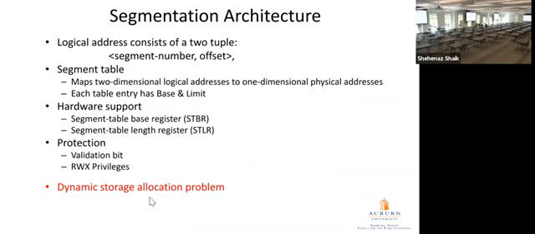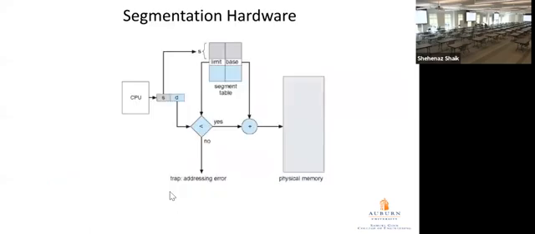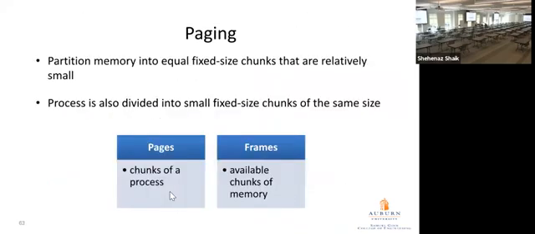We already know that this approach may result in multiple holes of different sizes, or in other words, external fragmentation. So to avoid that, we have an approach referred to as paging.